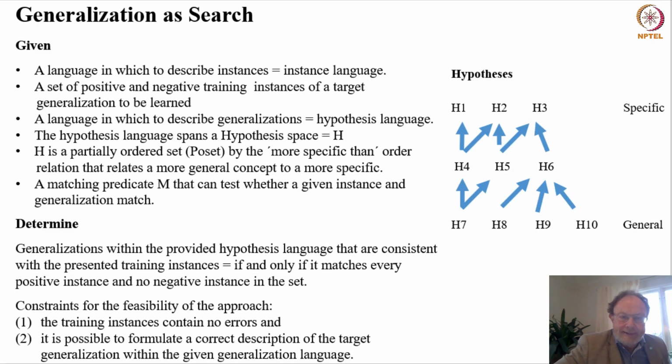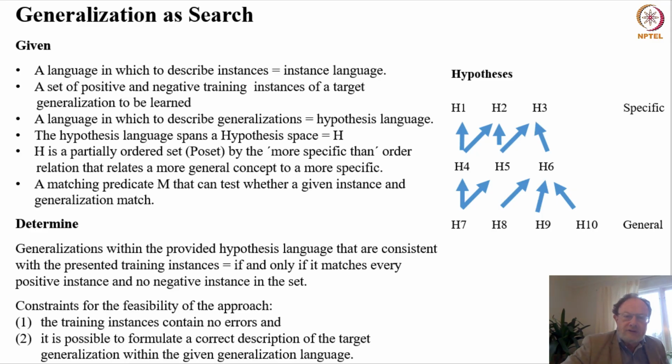So, the preconditions for the problem we're going to look at are the following. We have a language in which to describe instances, which we call the instance language. We have a set of positive and negative training instances of some target generalization that we want to learn. We also have another language we call the hypothesis language, the purpose of which is to describe our generalizations.